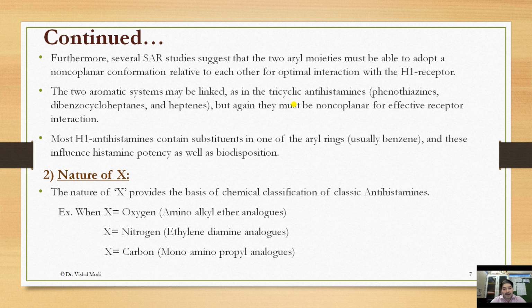For example, when X equals oxygen, that class is known as aminoalkyl ether analogues. If X equals nitrogen, then this class is called ethylenediamine analogues. If X equals carbon, then this class is known as monoaminopropyl analogues.